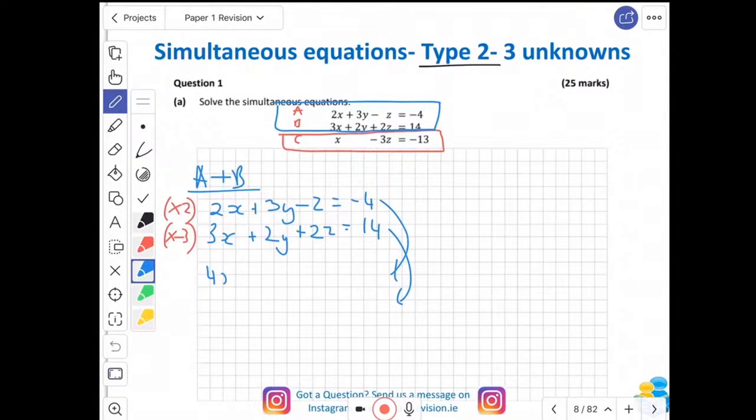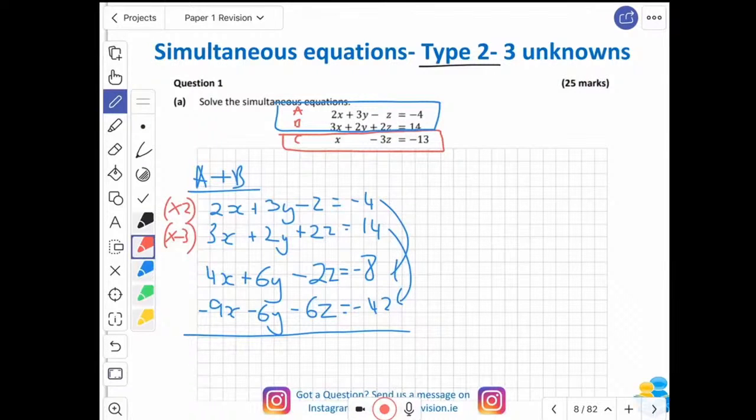So that's going to give me 4x plus 6y minus 2z is equals to minus 8. And that's going to give me minus 9x minus 6y minus 6z is equals to, let me just get my calculator here. So it's going to be 14 by minus 3. That's going to give me minus 42. Okay, now I call this next step column addition.